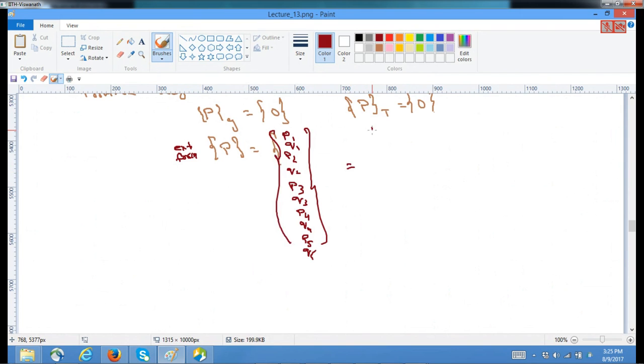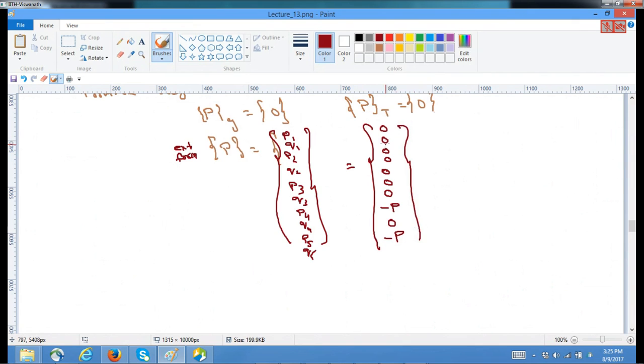It can be written as, we know that except q4 and q5 all are 0. I can keep writing p1, q1, p2, q2, p3, q3 are 0, p4 is also 0, q4 is minus p, p5 is 0, q5 is minus p.